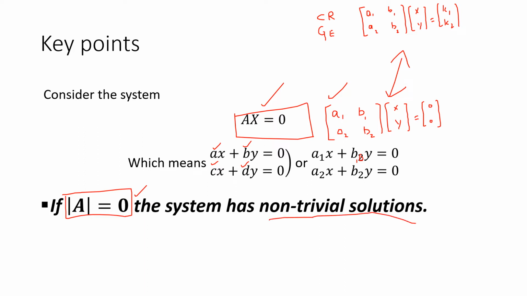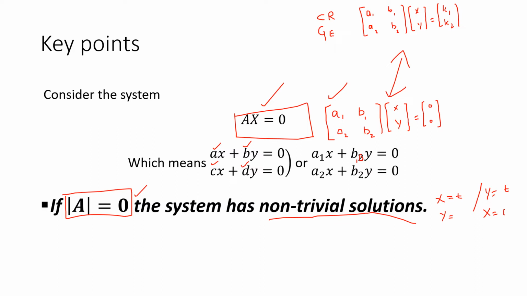Non-trivial solution means you select y equals t or x equals t, and then if you select x equals t, the y value will be some value in terms of t. Whichever one you take as t, the other one will be according to that.